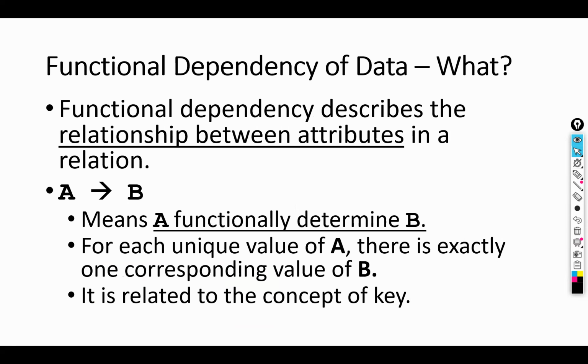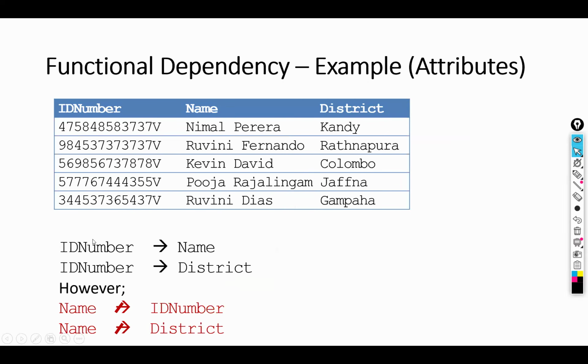What is meant by A functionally determines B? If you know A, and you can derive B uniquely, then we say A functionally determines B. For example, if I know the ID number, I can say the name, but knowing the name, I can't tell the ID number, because the same name can be for different people, but you're supposed to have only one ID number.